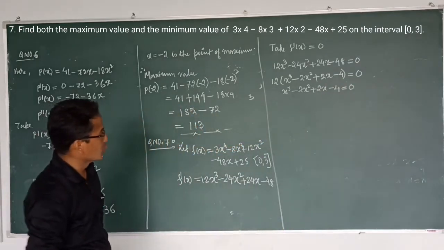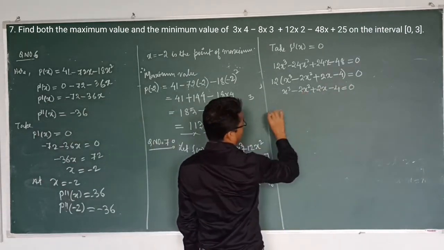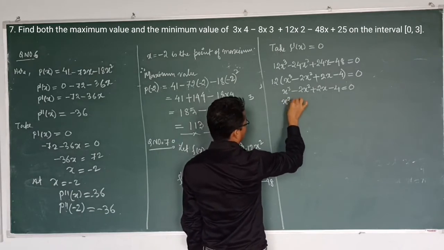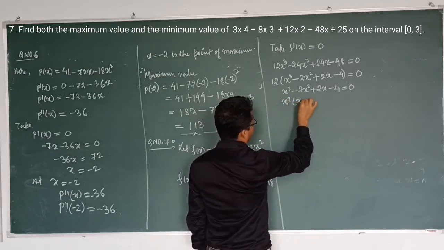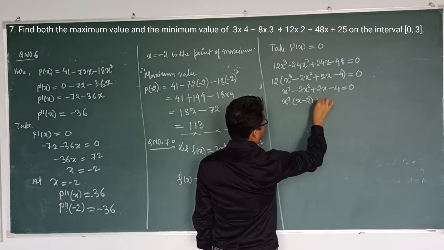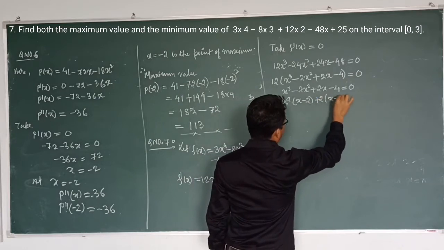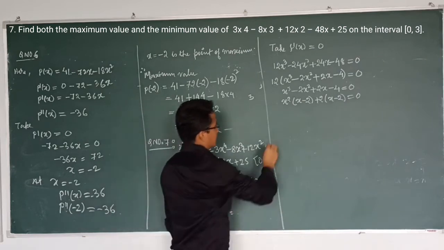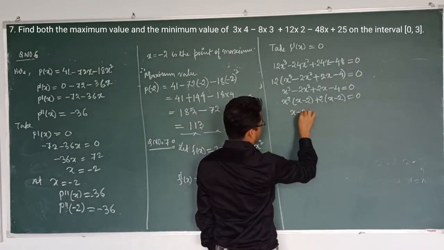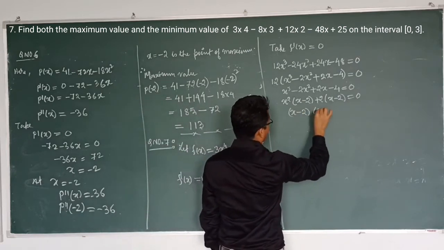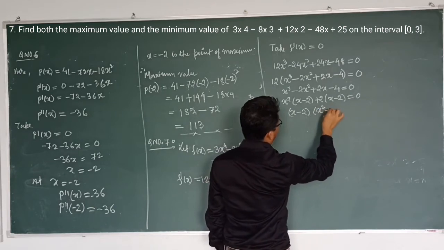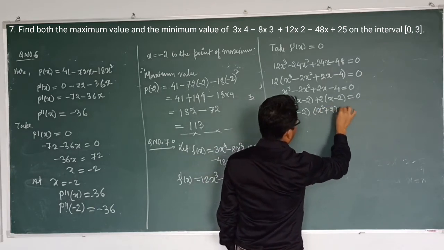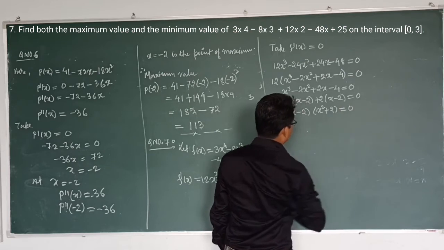Now we take common. If you take x square common from here, what remains is x minus 2. Plus, if you take 2 common, you will get x minus 2. So this becomes x minus 2 times x square plus 2 equal to 0.